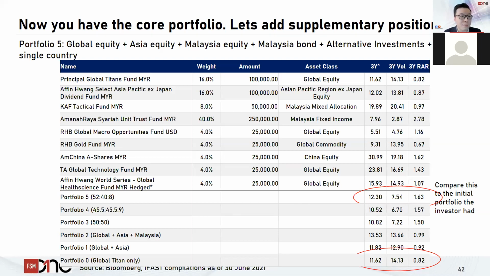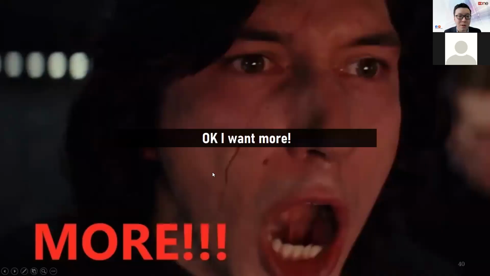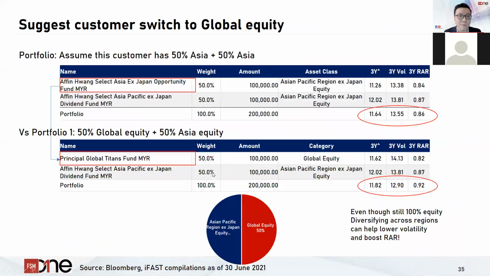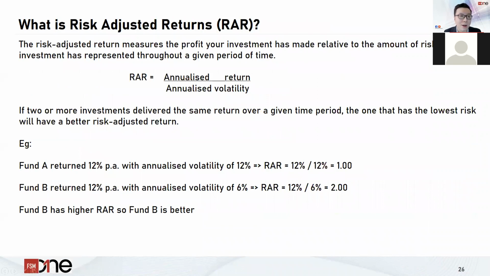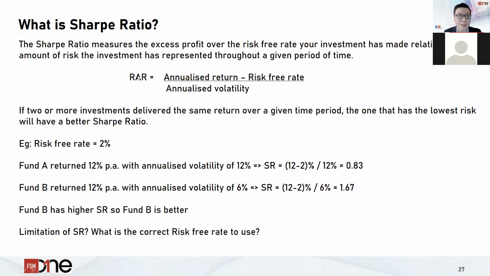Is RAR the same as Sharpe ratio? Okay, this one I think I explained before, but I'll just go through it again. RAR, risk adjusted return, the formula is annualized return divided by annualized volatility. Sharpe ratio, okay, this is a typo here, is annualized return minus the risk-free rate divided by annualized volatility.